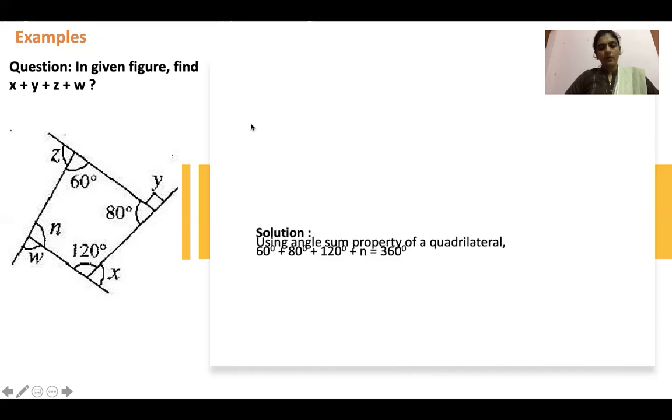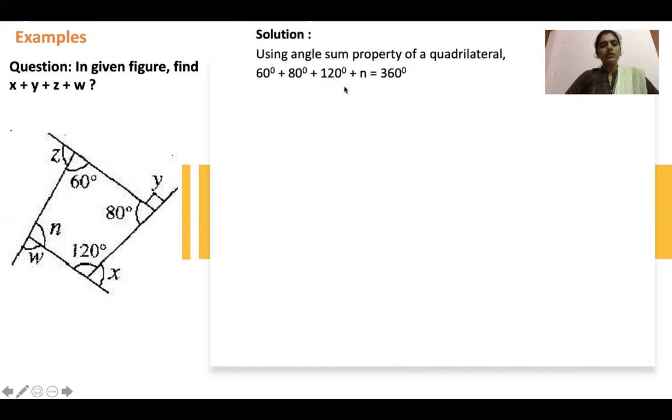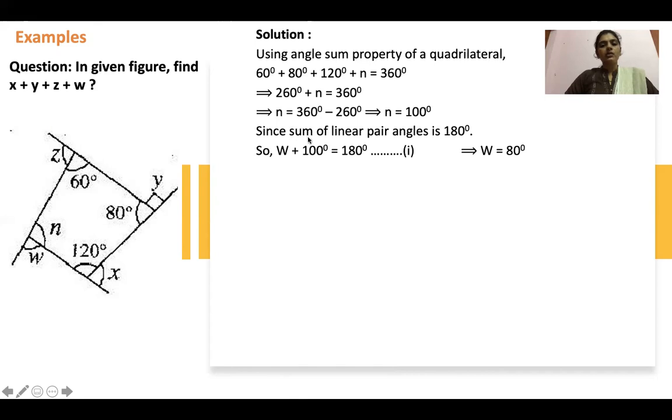As we know, the sum of all the interior angles of a quadrilateral is 360. If we add up these four angles, this must be equal to 360 degrees. If we solve it for n, we get n is equal to 100 degrees.